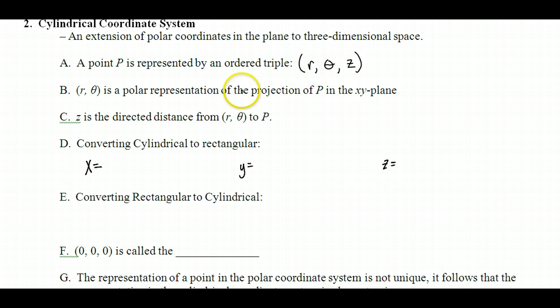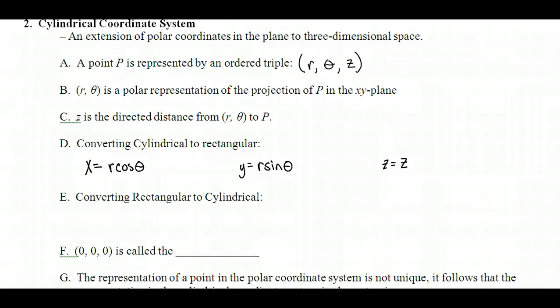I know that x is equal to r cosine theta, and we did that back in chapter 10. And we know that y is equal to r sine theta. And in this situation it's really nice because z is just equivalent to your z value. So this is a pretty easy conversion for us to do.